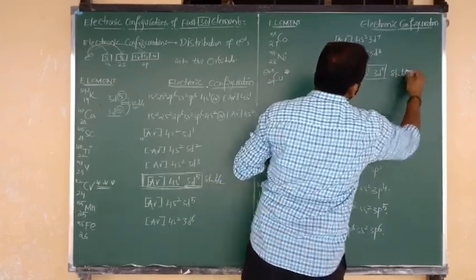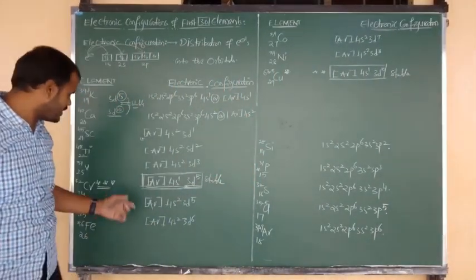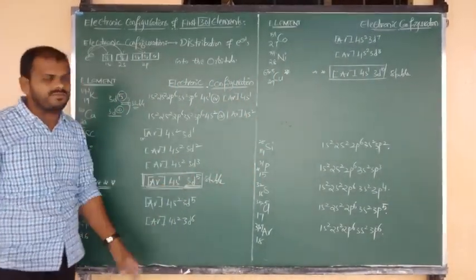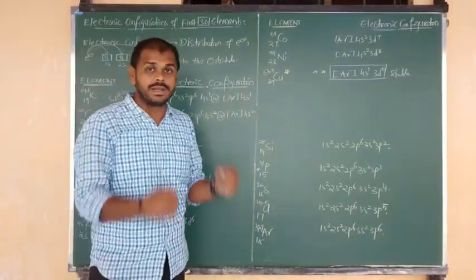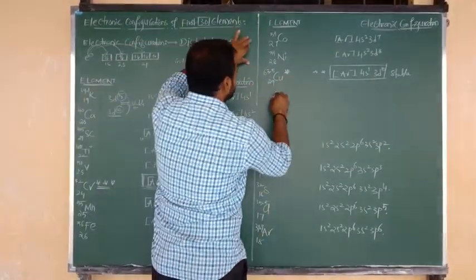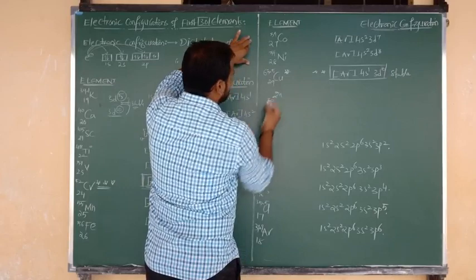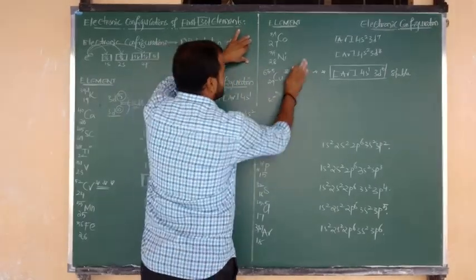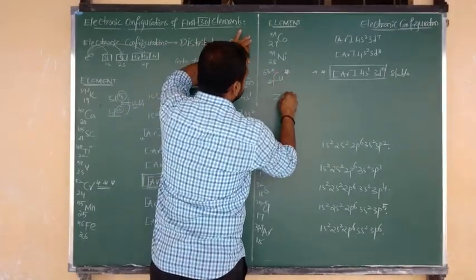So chromium and copper have special configurations. Chromium contains 4s1 3d5, copper contains 4s1 3d10. Now they have the stable d5 and d10 configurations. Last and final metal in the first 30 is zinc. Symbol of zinc is Zn.